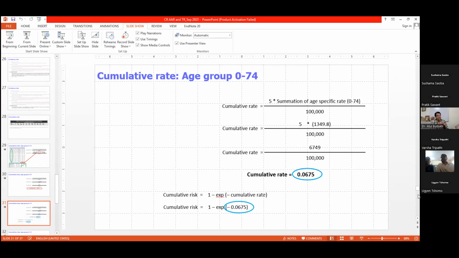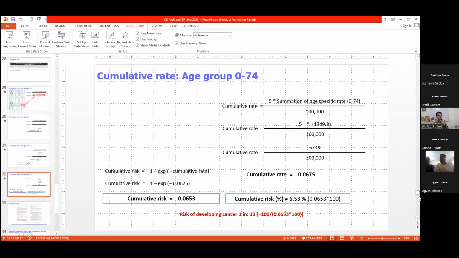So Rajesh, do it in Excel: 1 minus exponential of 0.065. You do it in Excel and show it to Anand. It is the formula, Anand: 1 minus exponential in brackets. It is a simple formula. It will come as 0.0653. You have to go into Excel: 1 minus the exponential sign into minus 0.065. 0.065 is the cumulative rate, and for risk it is 1 minus exponential.